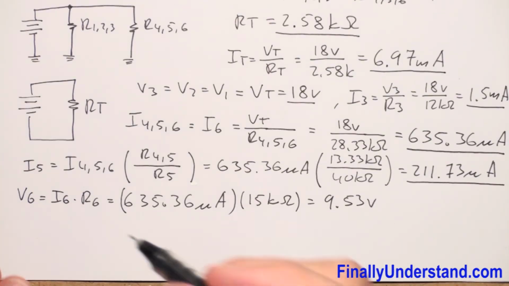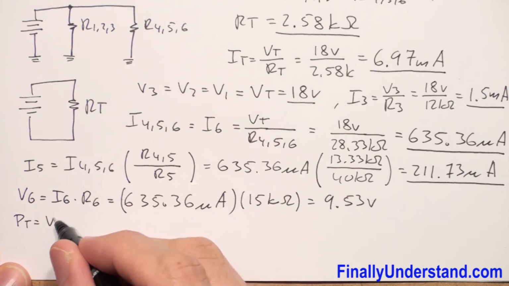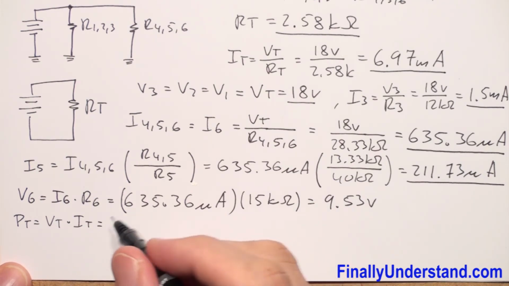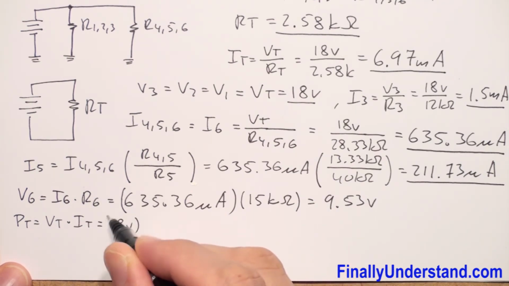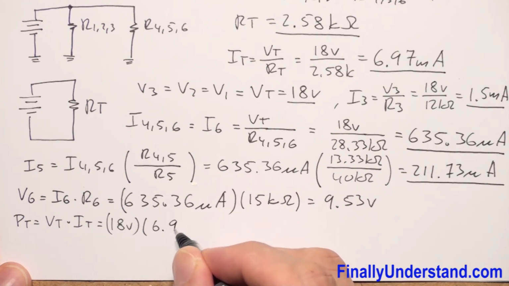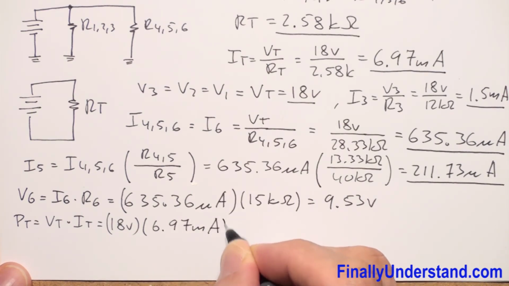Next, I'm supposed to find the total power. P total is equal to V total times I total. V total is equal to 18 volts times I total, which is equal to 6.97 milliamps.